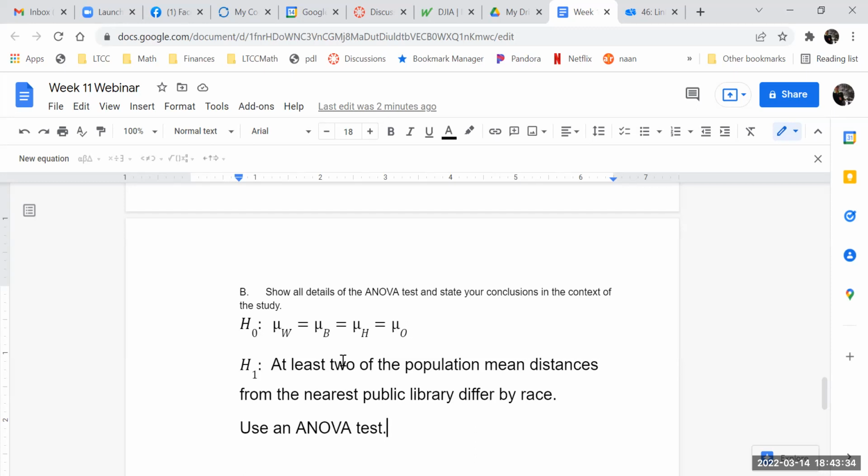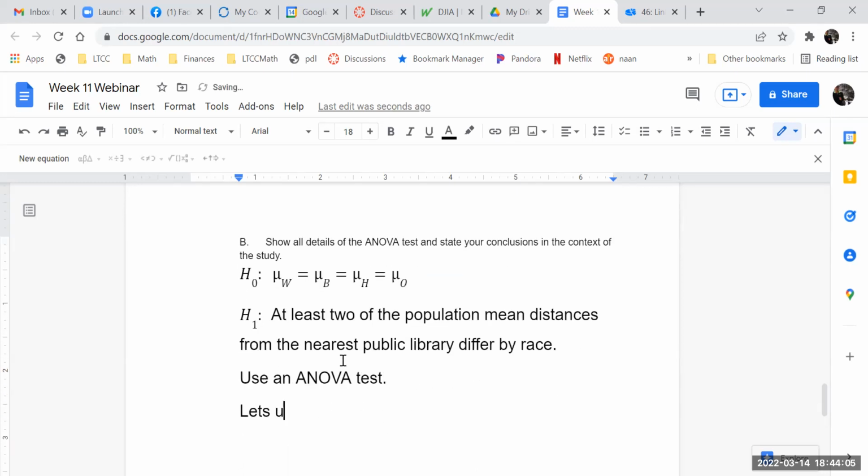I don't think I've ever seen a sociology research paper use anything other than 0.05. So that's just standard in social sciences to use 0.05. So this is a social science kind of question. This would be using 0.05. We're not going to get into the different errors and stuff, but 0.05 for sociology kind of thing is pretty standard. Okay, so let's use 0.05 for the level of significance.